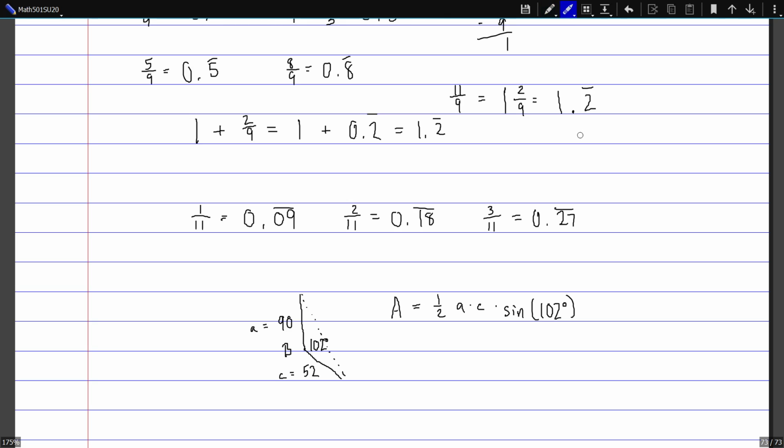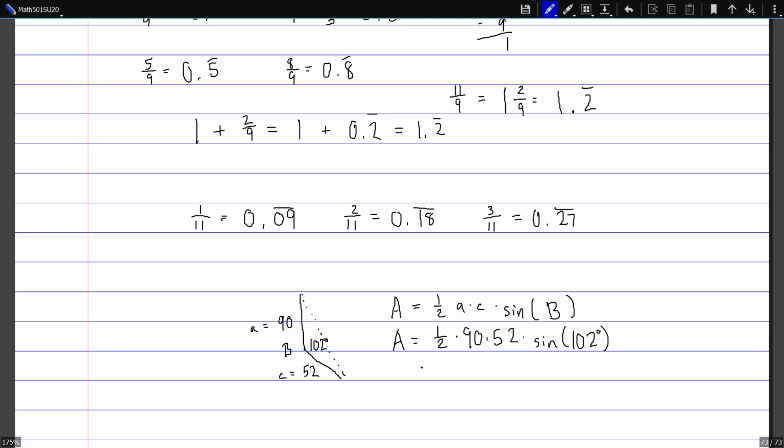I should go ahead and leave this for just now since we're doing the general form, 1/2 A times C times sine of B, but then we can go ahead and substitute in our actual values. 1/2 times 90 times 52 times sine of 102 degrees.